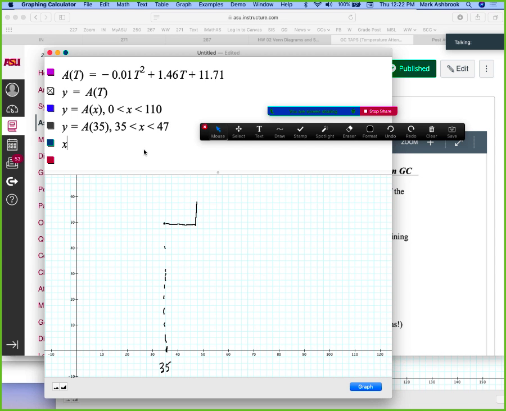X equals 47 from A of 35 to A of 47. Okay. And what's going from A of 35 to 47? Final answer? What?